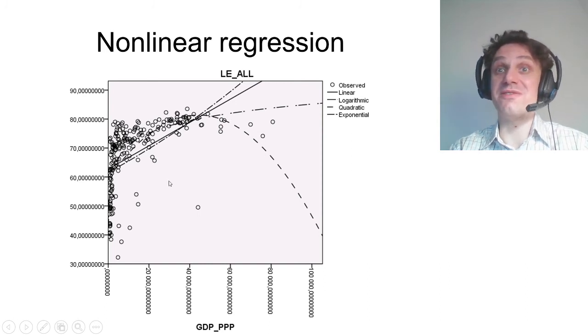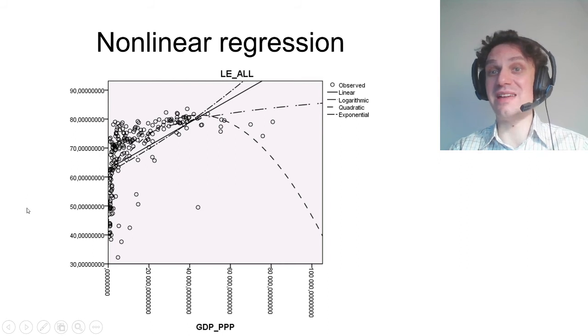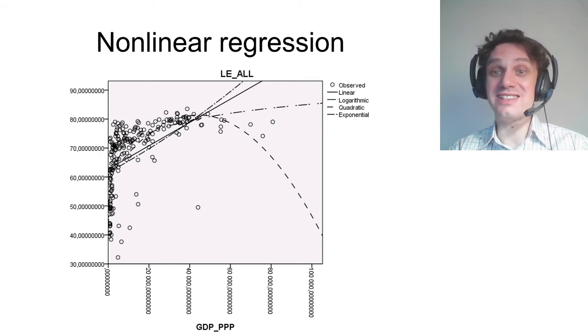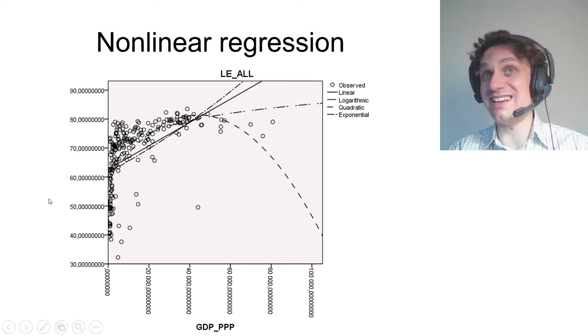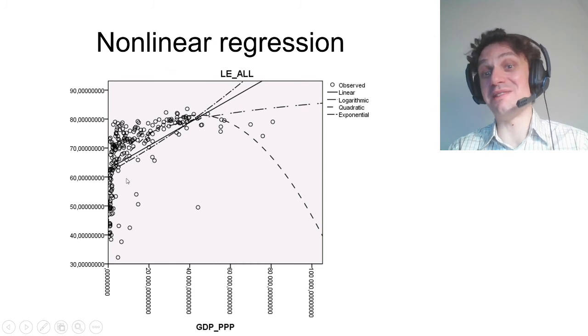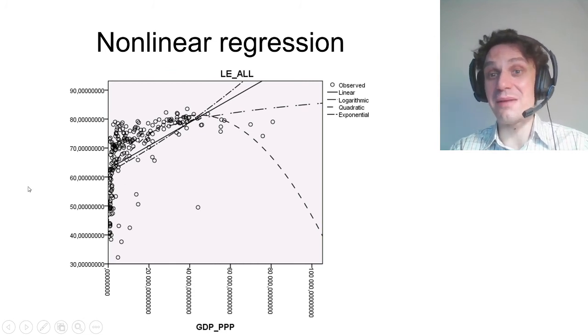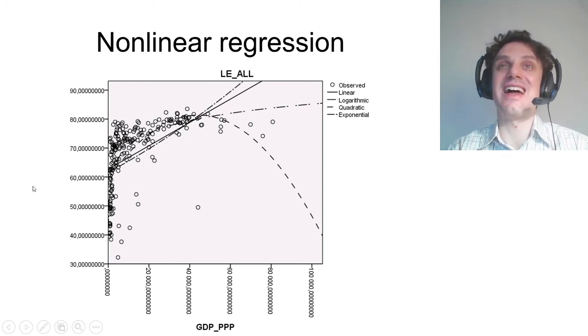This is why a logarithmic function is often used to model this type of data, or you can simply apply a logarithmic transformation to the predictor variable GDP, and then a linear function will be equally good to capture this association.